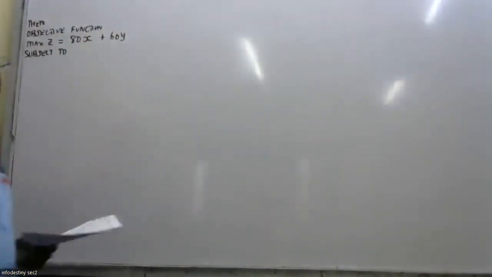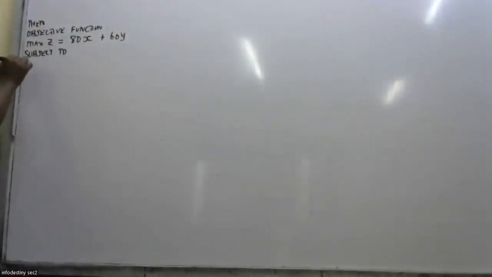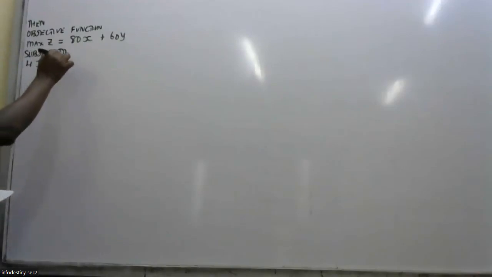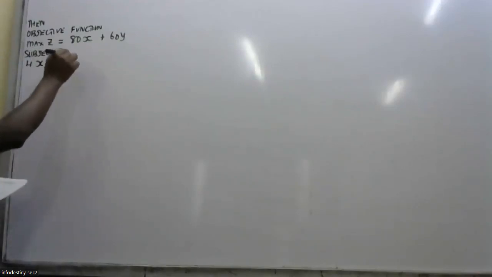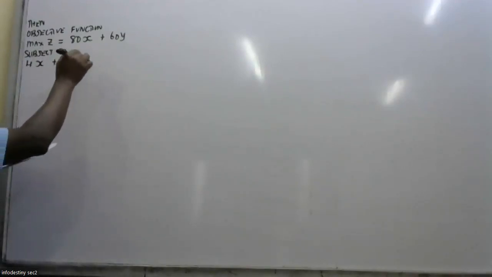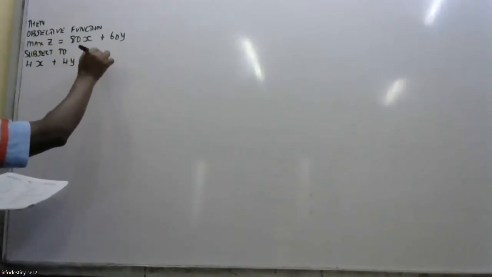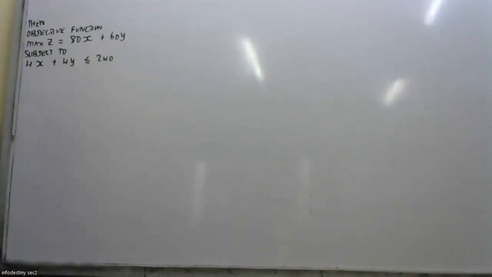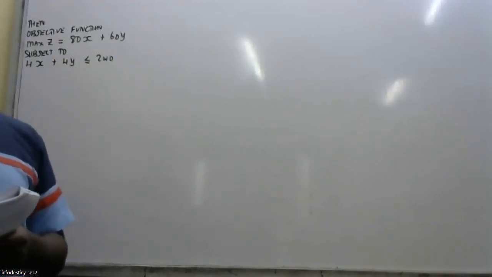So if product X costs 96, it means it had 4 kilos. So 4x, the same case with Y, 4y, I mean with Y, should be less than or equal to 240. That is for material B.